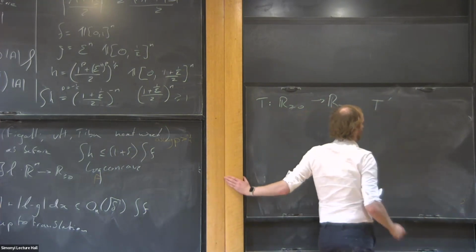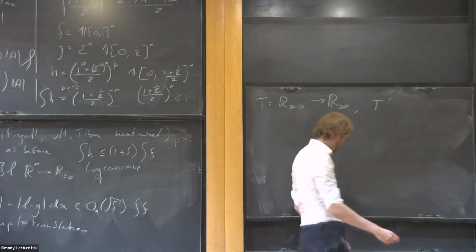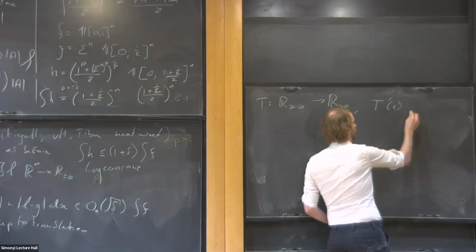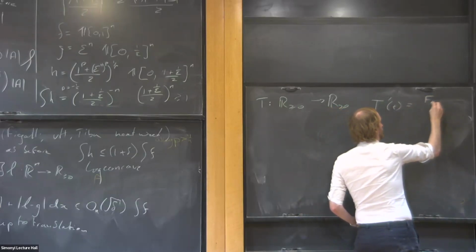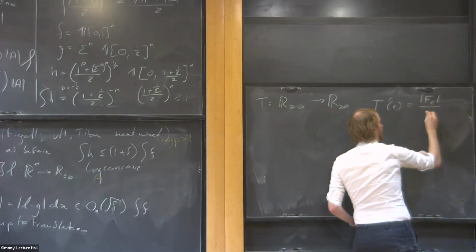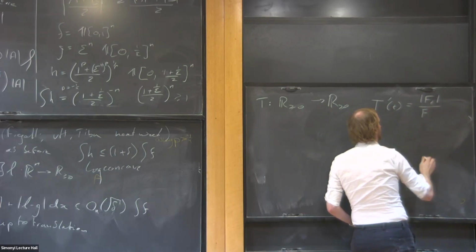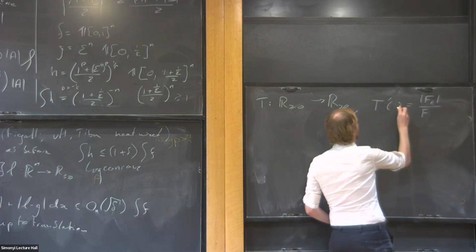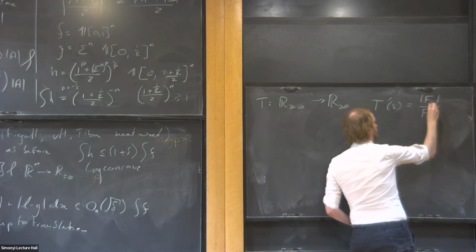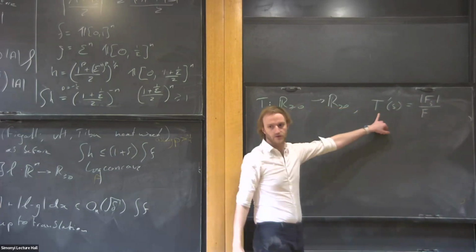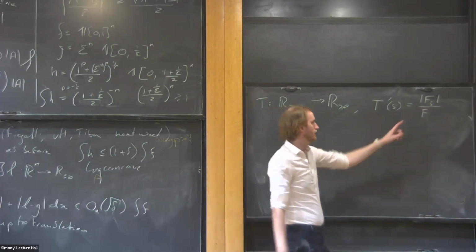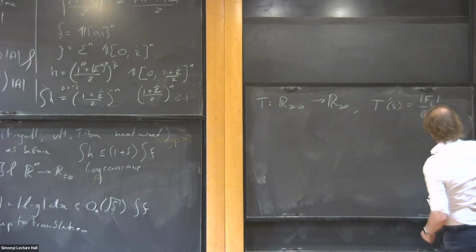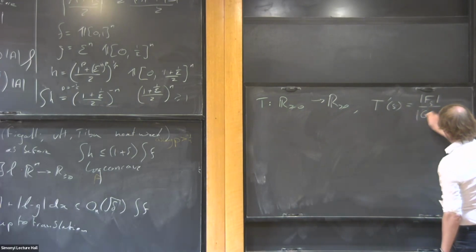I can define it by a differential equation: the derivative of T at s is the size of f of s over the size of g of T of s. I should not be using t when I speak because it's going to lead to too many confusions.